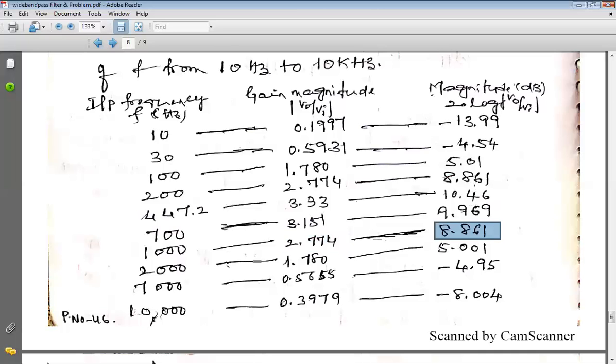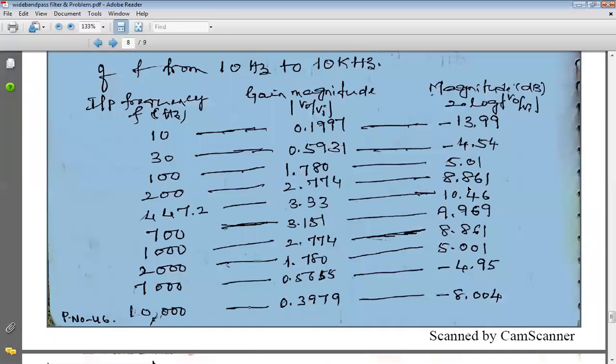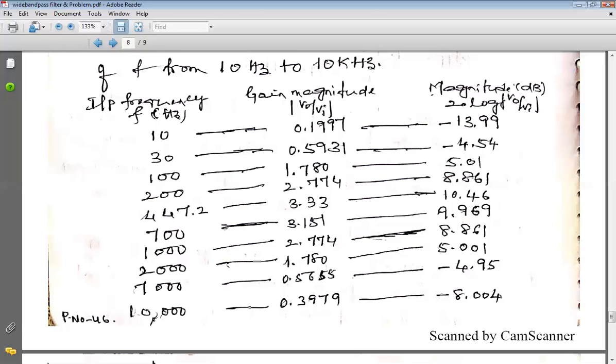Between these, the gain rises from 0.707 and becomes 3 decibels up, and it becomes constant at a particular value from 200 hertz to 1000 hertz.